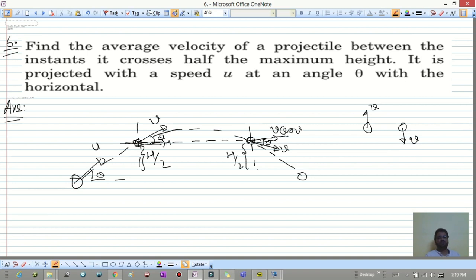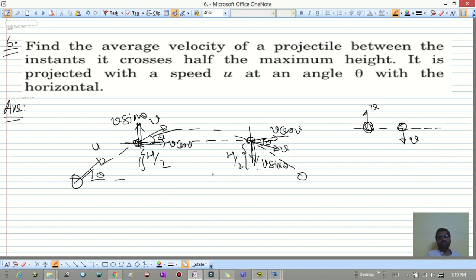Here also it is v cos theta, and the vertical velocity here is v sin theta, and here v sin theta. So the vertical as well as the horizontal components of the velocity must be the same. At the same height, the vertical velocity during upward motion and downward motion must be the same in magnitude, right?